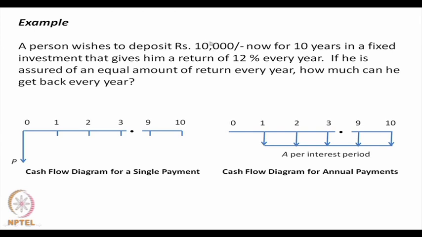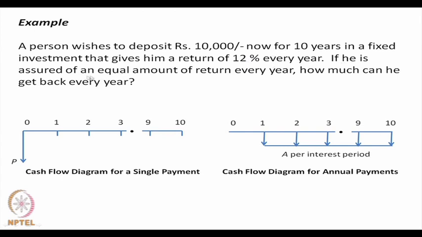So, it is at the beginning of the time. So, at time 0, P is equal to 10,000. So, given P, R is equal to 12%, N is equal to 10.